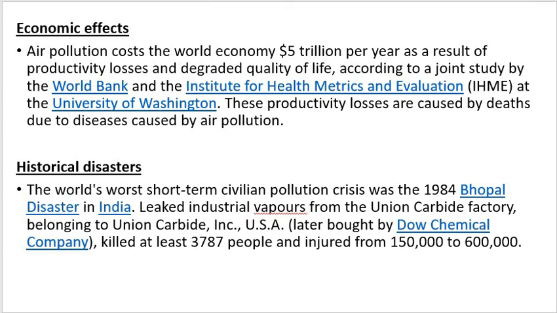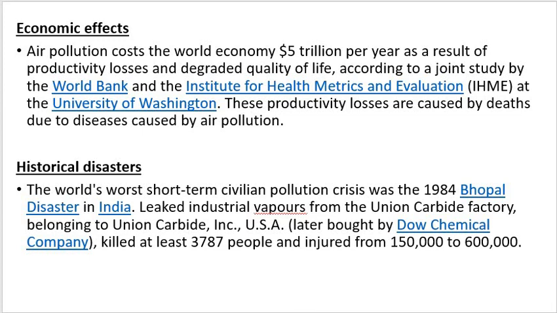An accidental leak of anthrax spores from the biological laboratory in the former USSR in 1979 is believed to have caused at least 64 deaths. These are some historical disasters due to air pollution.